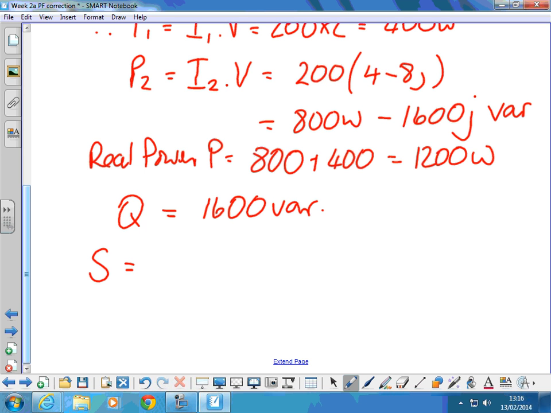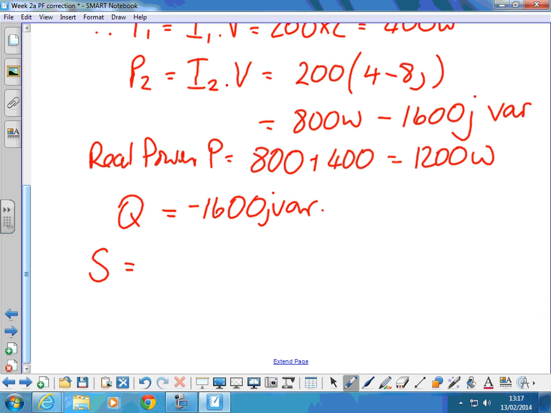Well, if you're going to do it like that, you must put the negative in front of it. Sometimes, and that's not always difficult to recognise, but sometimes you can just strip that away, if you're only interested in the magnitude, you know, you're just interested in that number 1600. It's when that's combined with something else that you have to recognise the importance of the j in there and whether that's negative or positive.